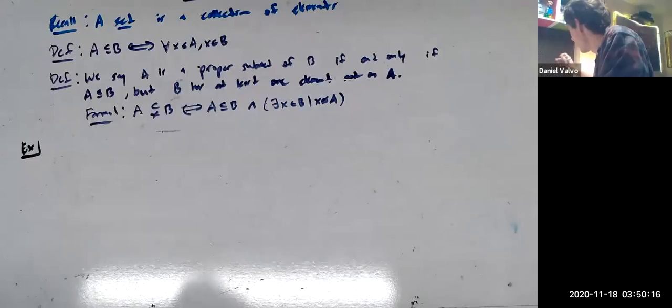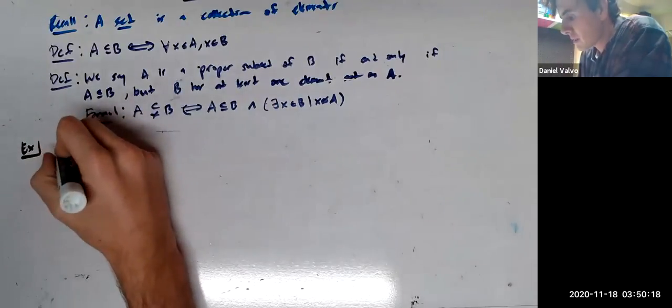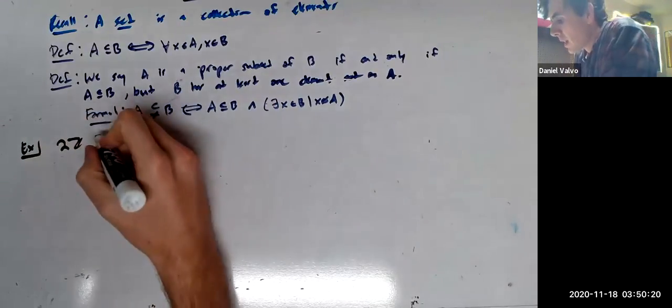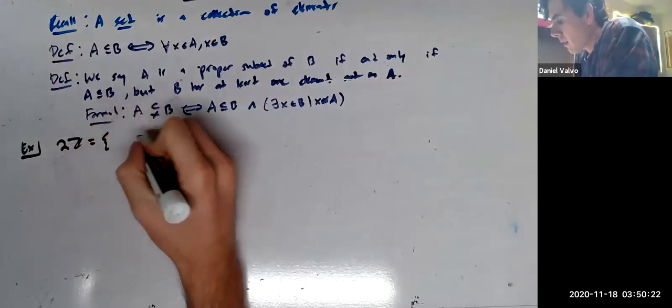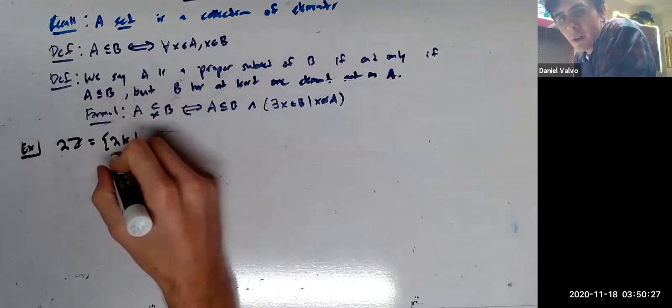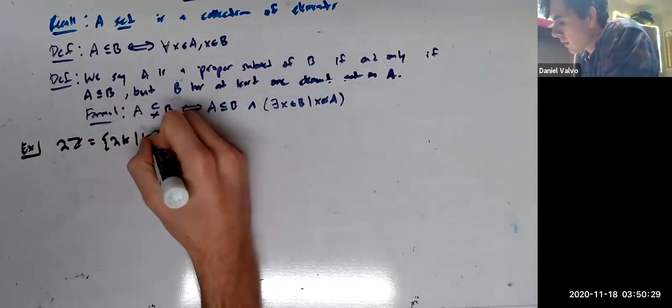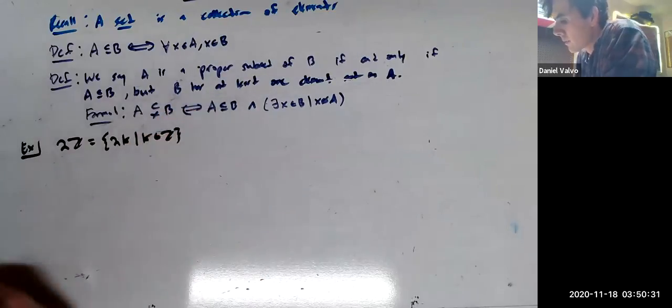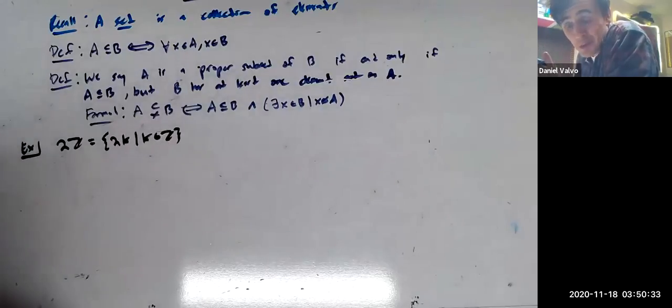So let me introduce two sets to you. They're both my friends. The first is 2Z, and 2Z equals every element of the form 2k, where k is in Z, aka multiples of 2.